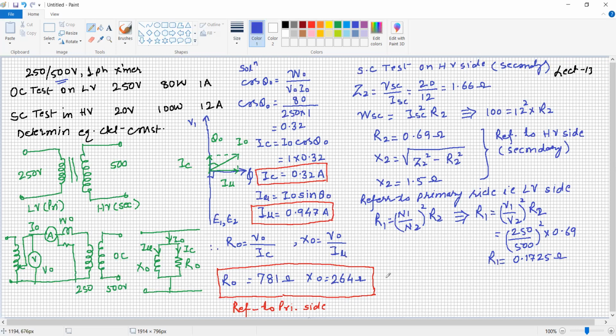Similarly, X1 is equal to (V1 upon V2) whole square times X2, and X2 is equal to 0.375 ohm. So these are, again, the equivalent circuit parameters.